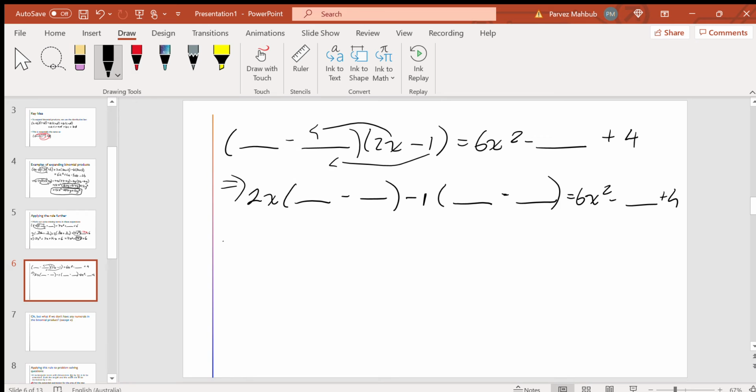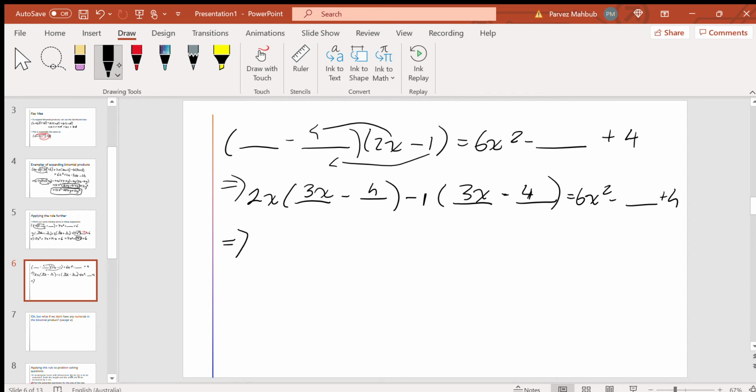So we can see that if we multiply 2x by 3x, we can get 6x squared. So we put a 3x here, and therefore there must be a 3x here. Minus 1 times minus 4 is equal to 4. So we put a 4 here because there's already a negative here and here as well.